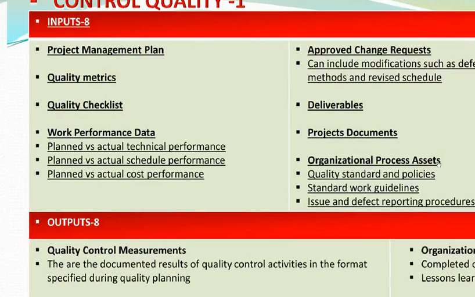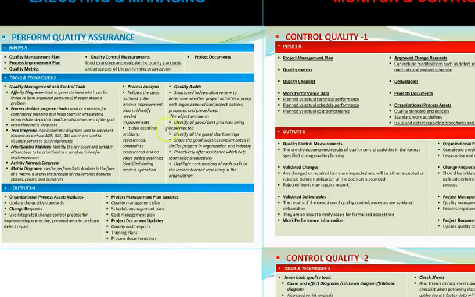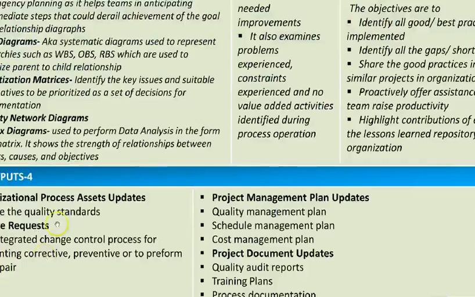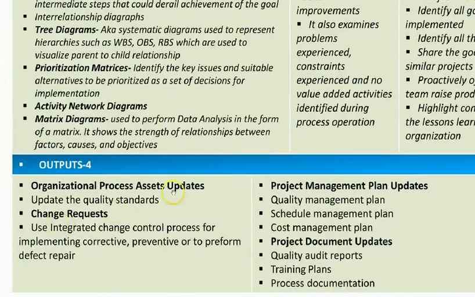What are the outputs of performing quality assurance? And this is quality assurance. We have 4 outputs over here, which is organizational process assets updates, change request, project management plan updates, and project document updates.